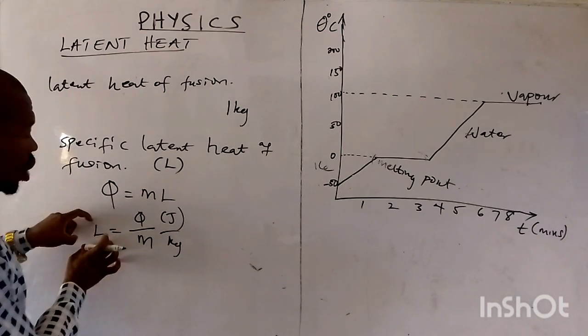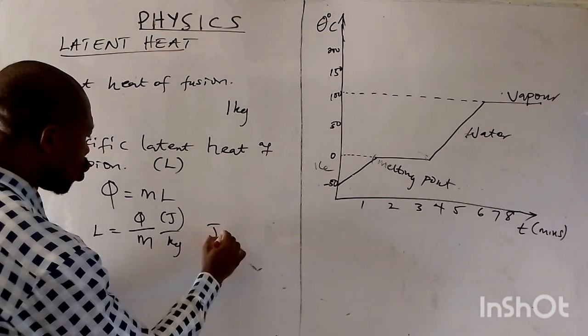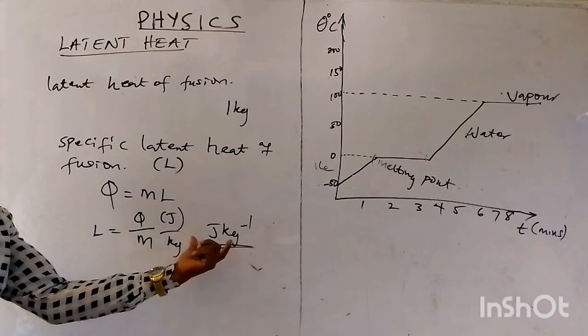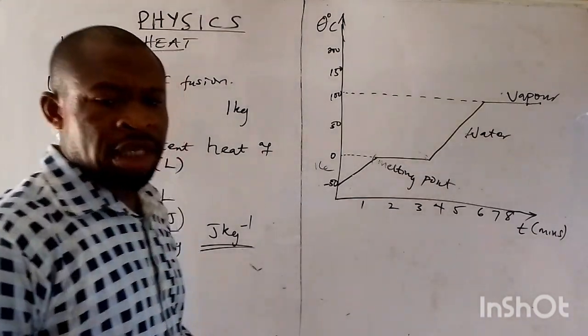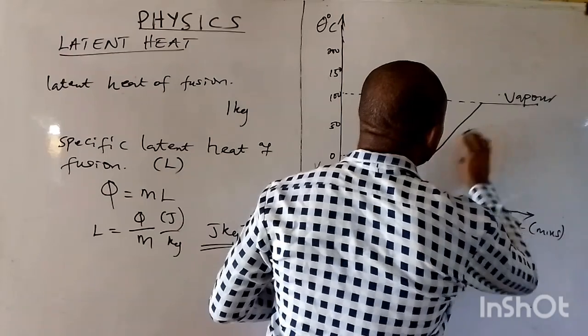Therefore, the SI unit of specific latent heat is joule per kg.